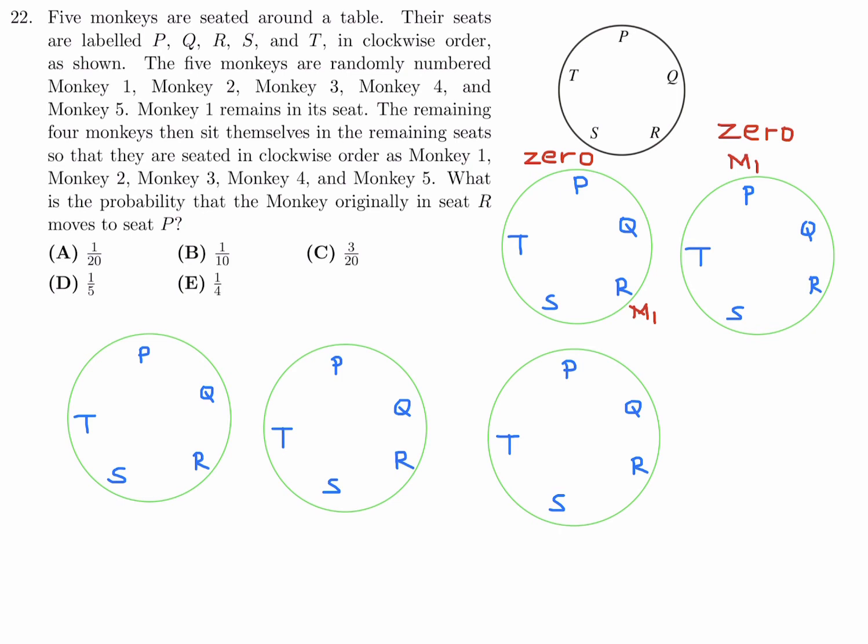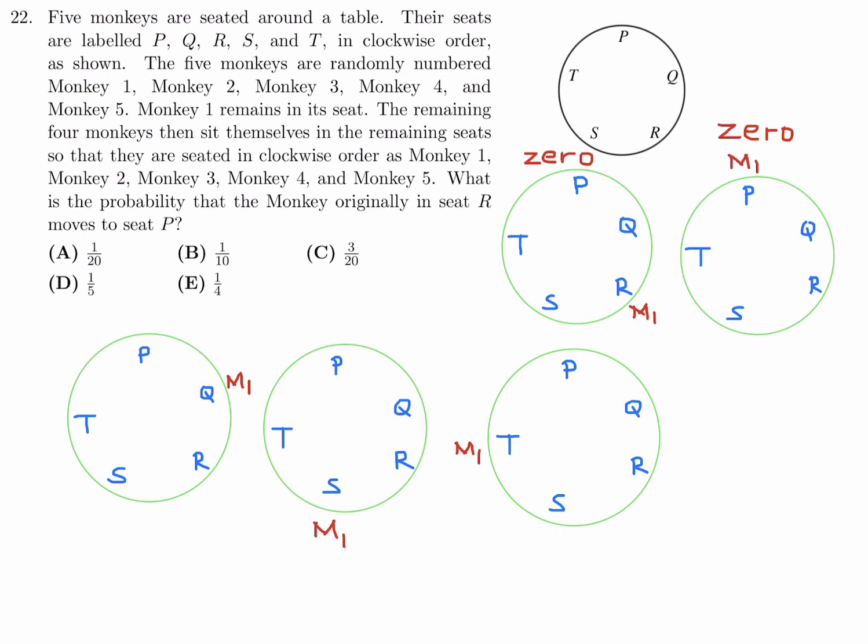Nobody can move into seat P because monkey 1 is in that seat and he remains there. So the only way we're going to be able to extract a probability in this question is if monkey 1 is originally in seat Q, or seat S, or seat T. So we'll talk about each of these one by one.